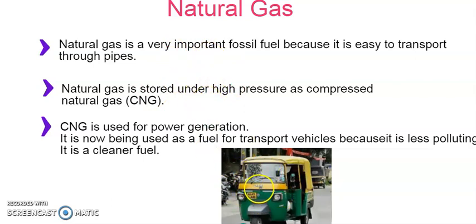Even for the auto rickshaws, have you seen these types of auto rickshaws? Yes, they also use CNG, that is compressed natural gas. Yes, so CNG is being used in such vehicles because it's less polluting and it's a cleaner fuel. It does not produce any pollutant.